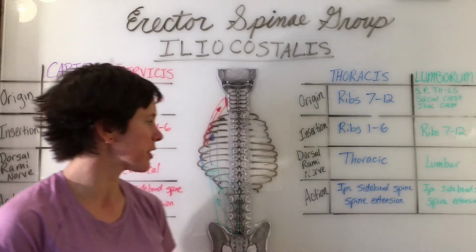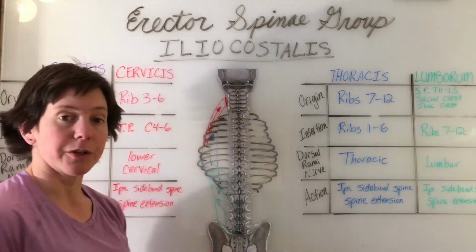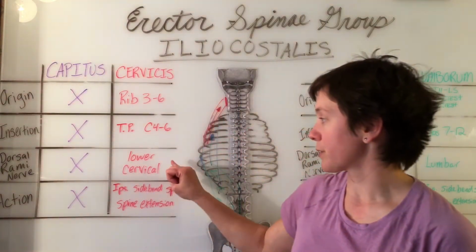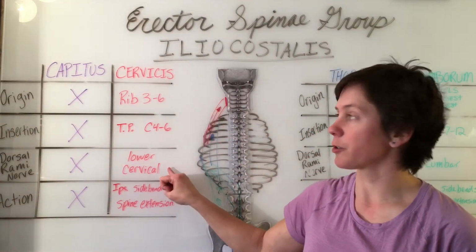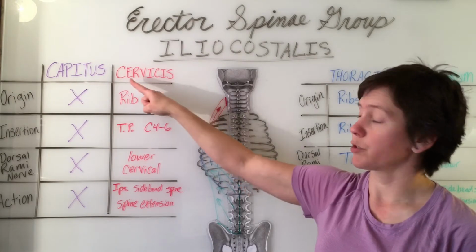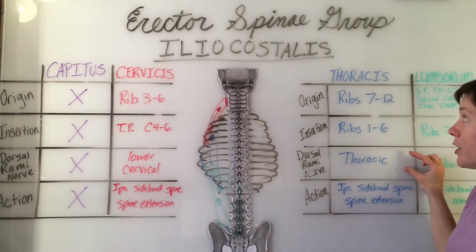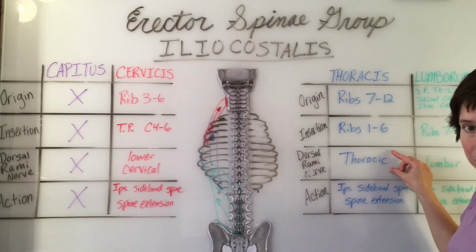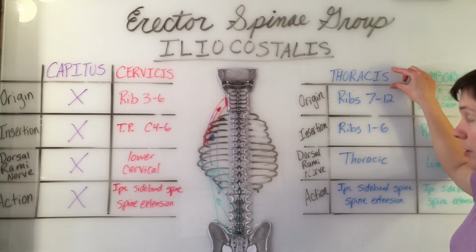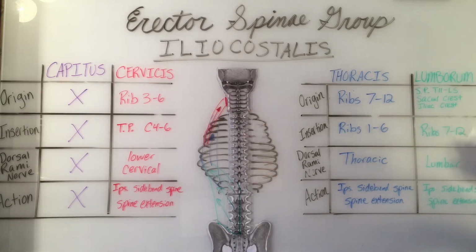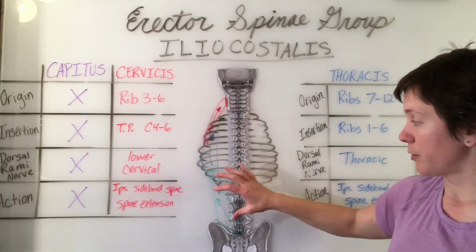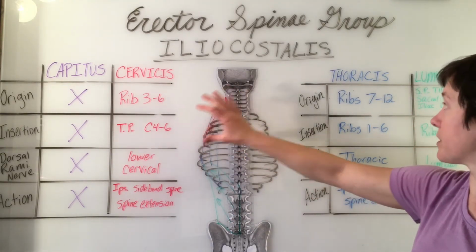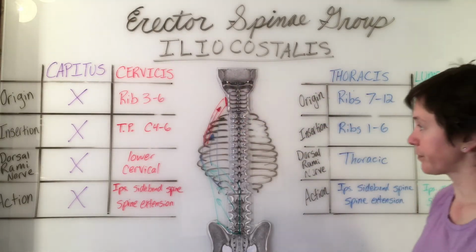Now notice the similarities we have here. For innervation, the cervical spinal nerves innervate the Iliocostalis cervicis. The thoracic spinal nerves innervate the Iliocostalis thoracis. And the lumbar spinal nerves innervate the Iliocostalis lumborum. Another thing is that it goes from ribs to ribs to ribs of cervicis, thoracis, and lumborum.